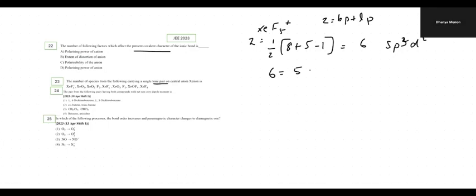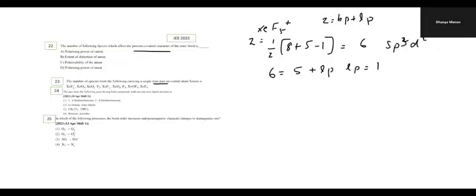So lone pair is equal to how much? It is 1. So this is one of our answers. So I will write the answers here. Okay, so XeF5+. So this is one of our answers.